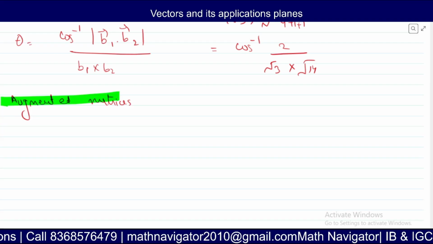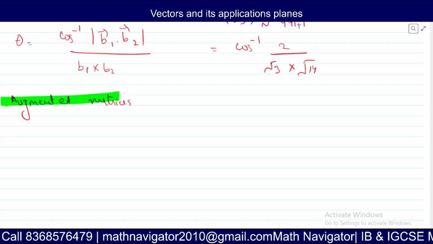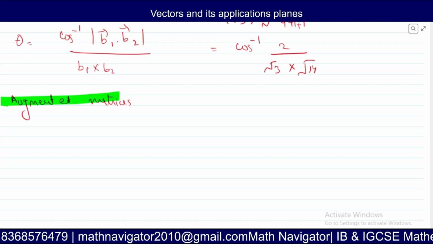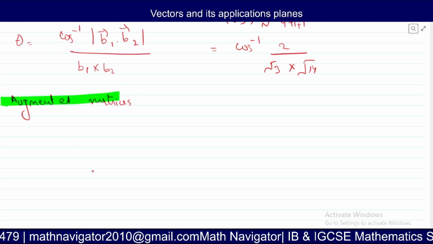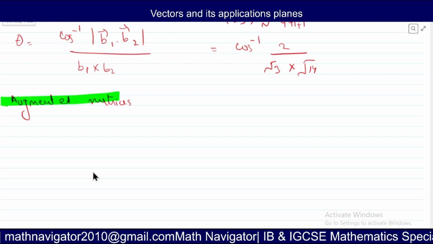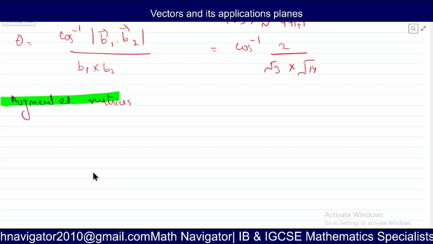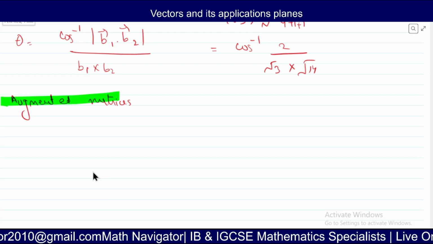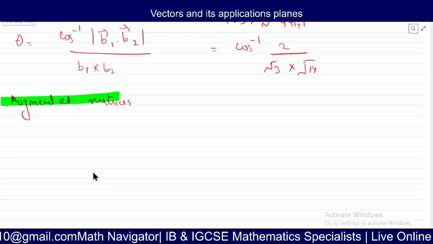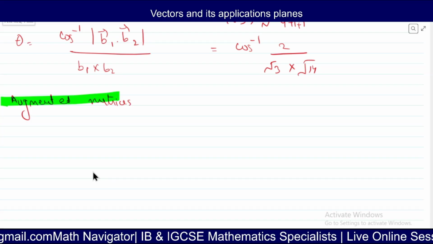You're already familiar with this. If you're not aware of this, go back to my video on augmented matrices. Here I will not tell you again how to solve them because it will take time, and I have made a separate video on this topic. What I'm going to teach you is how to analyze the solution.